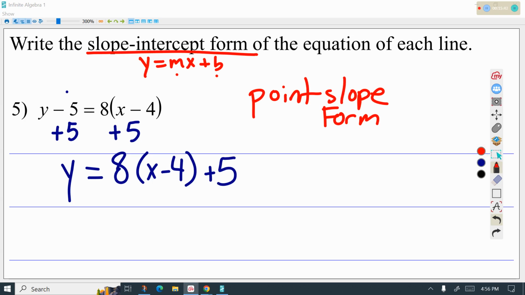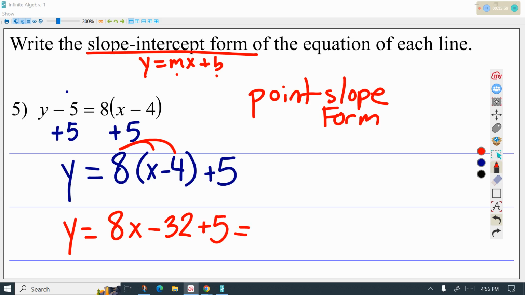And now we distribute the 8. So we get 8x minus 32. So we get 8 times x is 8x. That's just how we have to leave it. All right, but a positive times a negative is a negative, and 8 times 4 is 32. So we got 32 plus 5. Okay, and if we combine this to get our last step, we'll go ahead and leave this as 8x minus 27.